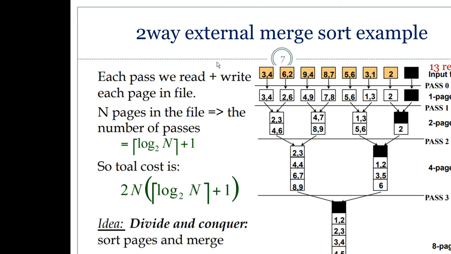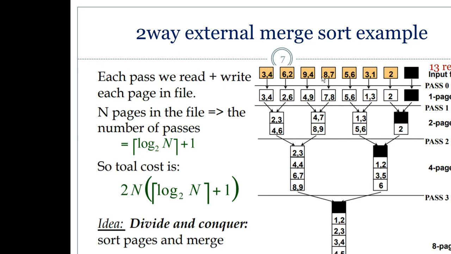Okay, so all these pages will be loaded page by page into main memory. The first page will be loaded into main memory. Any internal sort can be used and the sorted data will be written back onto secondary memory.